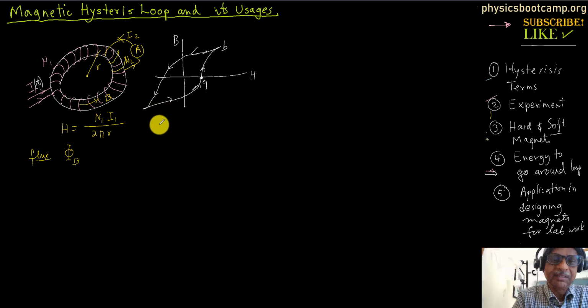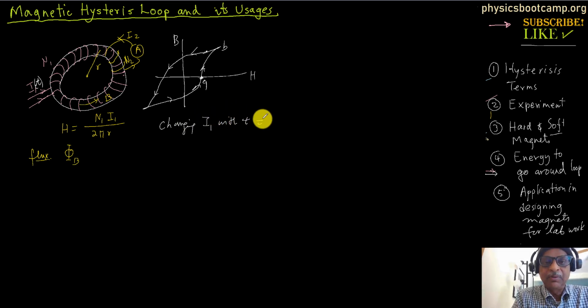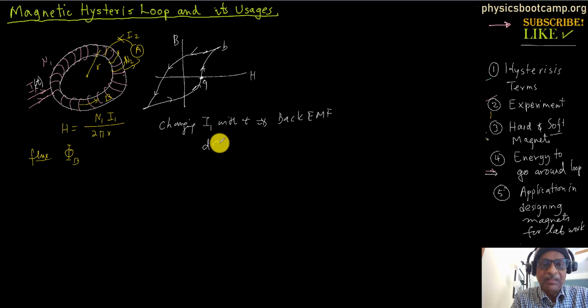So we have to work against the changing I1, which means back EMF. I will have to work against the back EMF, and the back EMF will be d phi B over dt.